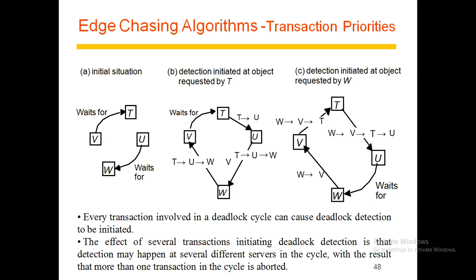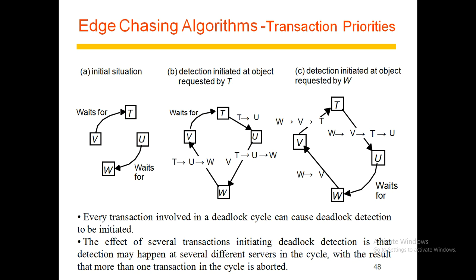In the above algorithm, every transaction involved in a deadlock cycle can cause deadlock detection to be initiated. The effect of several transactions in a cycle initiating a deadlock detection is that detection may happen at several different servers in the cycle, with the result that more than one transaction in a cycle is aborted.